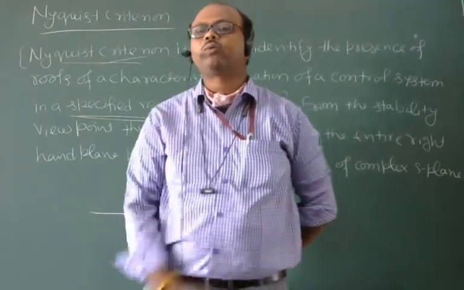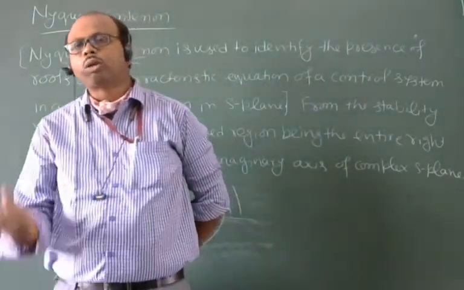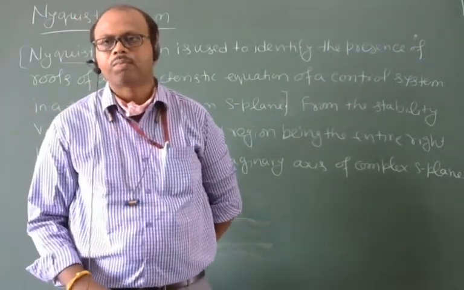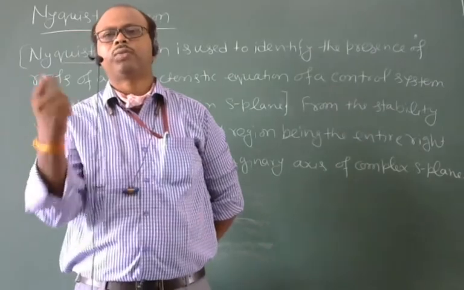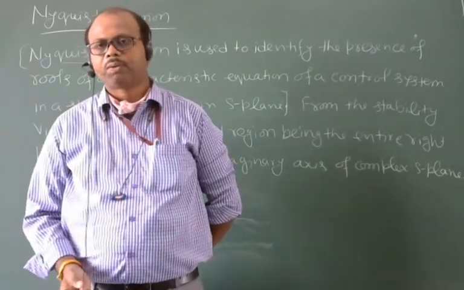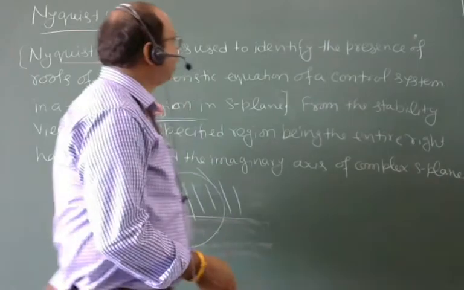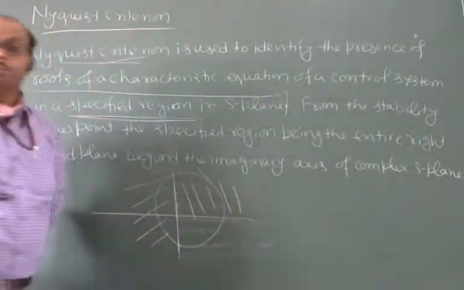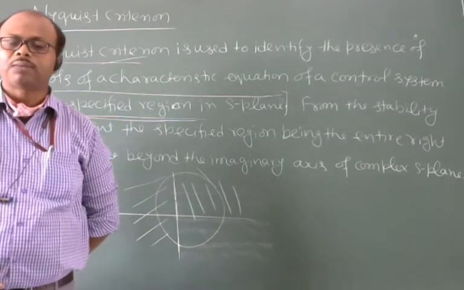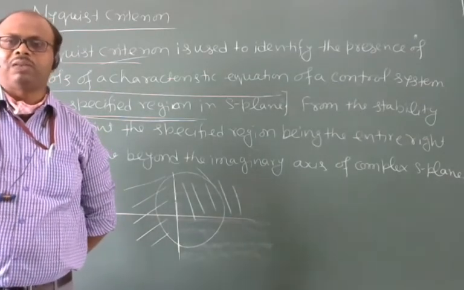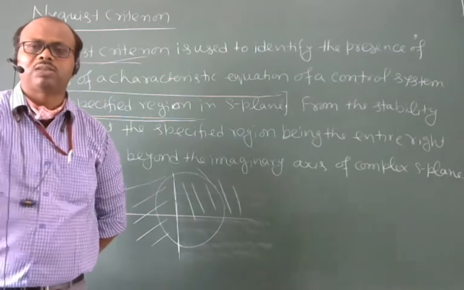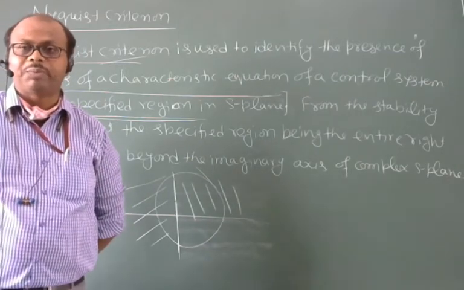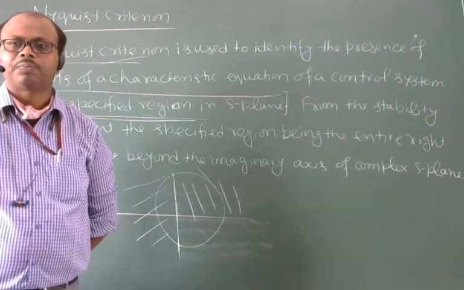And what are the roots of the characteristic equation? The roots of the characteristic equation are the poles of the transfer function, which determine the stability of the system. Right?